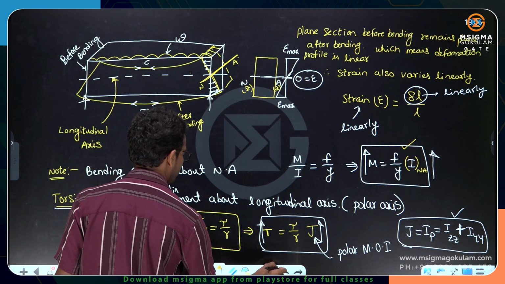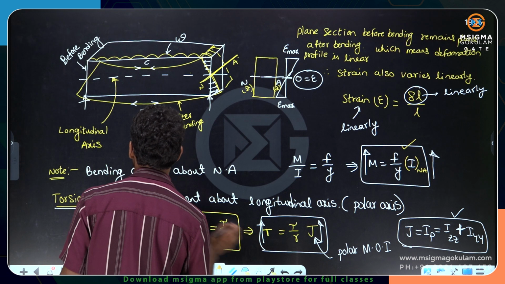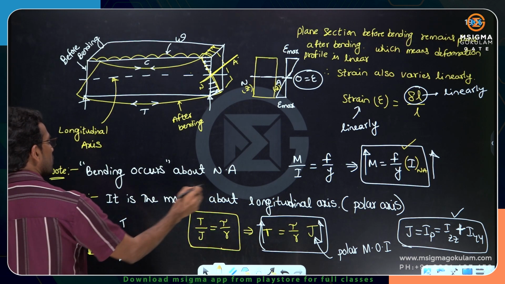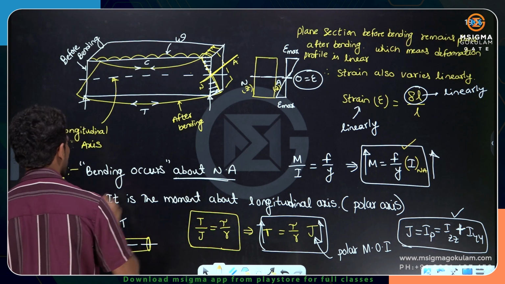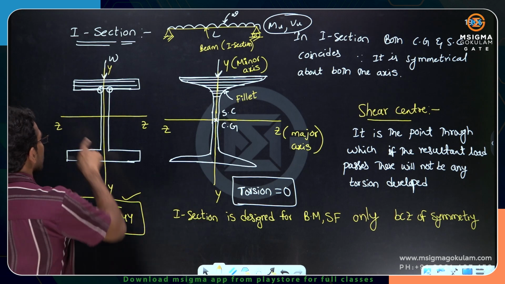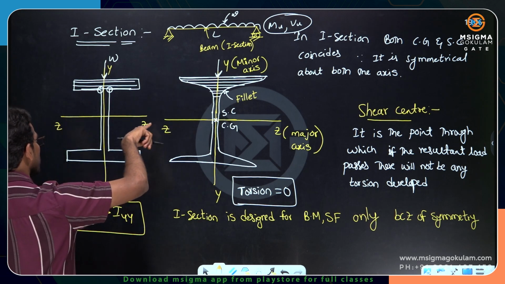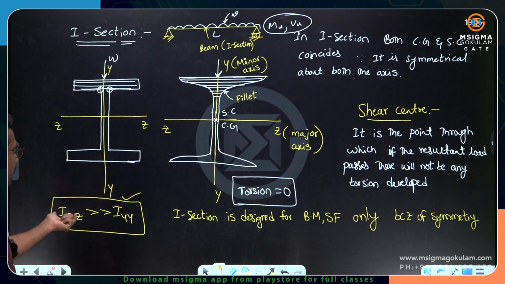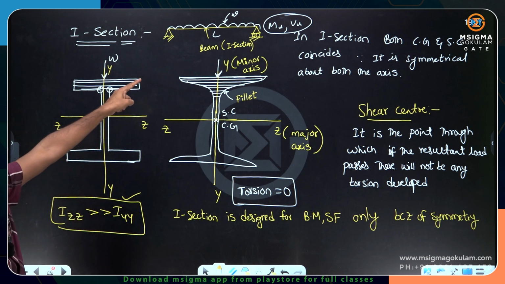I have already written it at the top. So bending occurs about the neutral axis. This is a very, very important point. What is the neutral axis in the I section? Go back and see. This ZZ axis is the neutral axis. So if you observe carefully, the I section has more moment of inertia about the ZZ axis, which is also called the neutral axis. Therefore, it can take more moment.